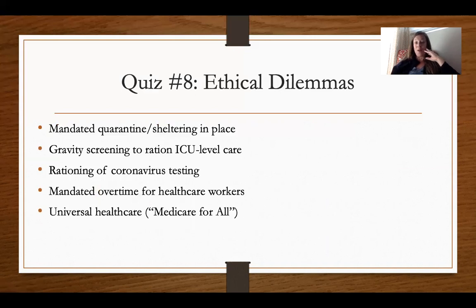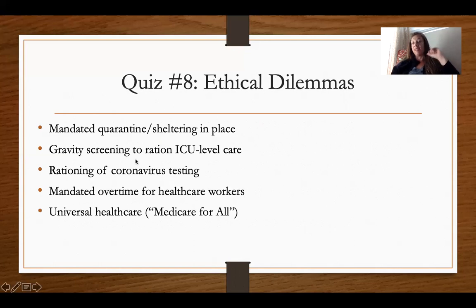I have a couple articles that I want you to read for this week. There's a podcast, it's about 25 minutes, and it's excellent. Interviewing a physician in Italy in their chaos, and talking about how they have had to do what I have listed here, number 2, gravity screening.